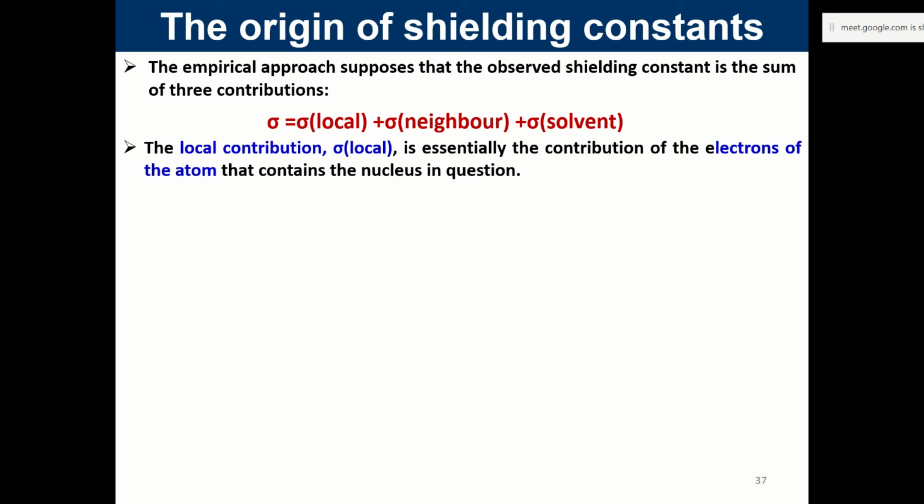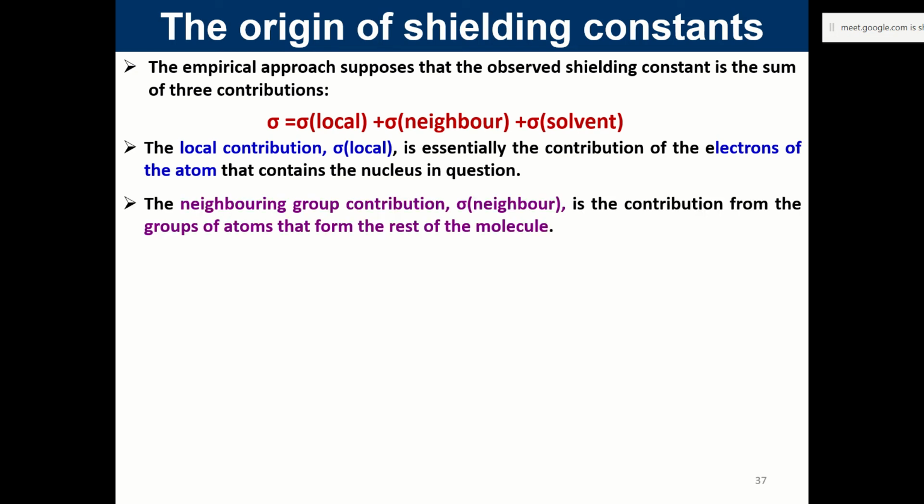Neighbor means another atom is attached to that particular atom, and it also has its protons and electrons. All these things may affect the spectrum.